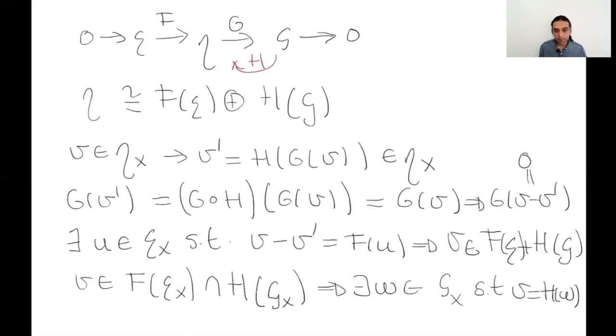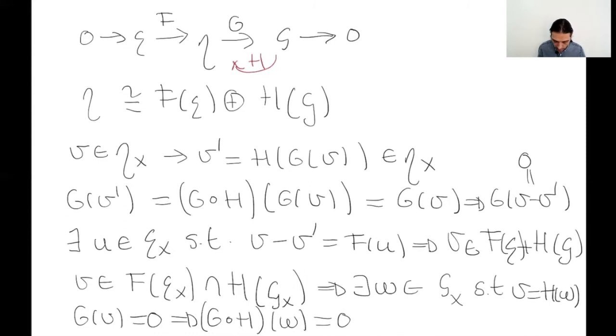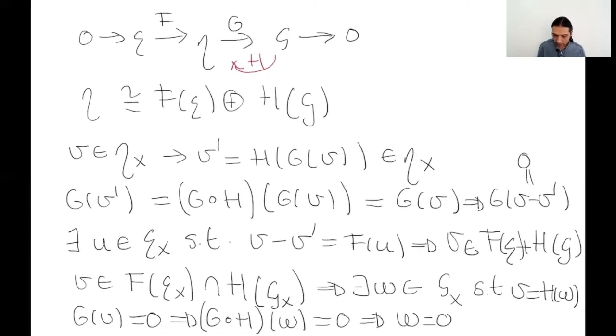But since b is in the image of F, necessarily, since this sequence is exact, b is in the kernel of G. So we get that the composition of H and G applied to w is 0, but the composition of H and G is the identity, so that implies that w is 0, and since b is the image of w, then b is 0.